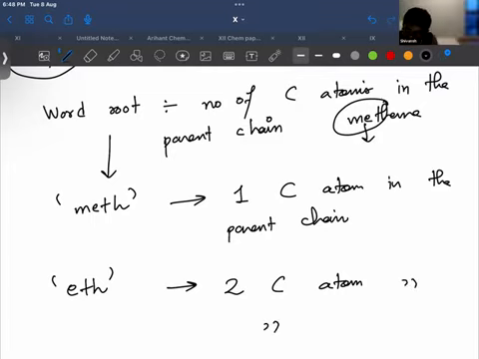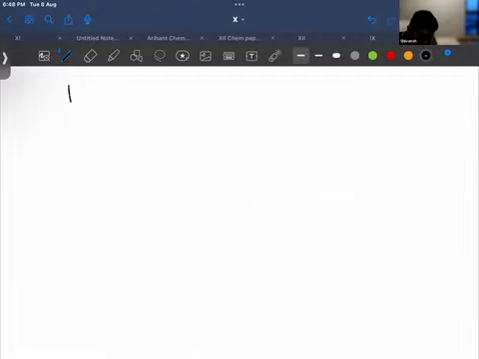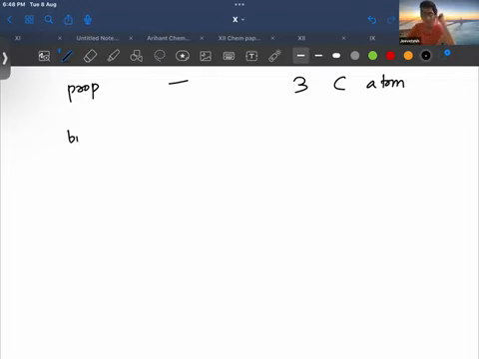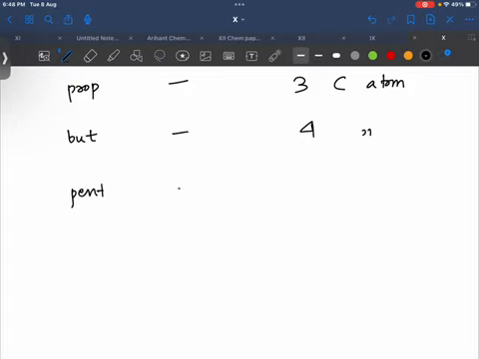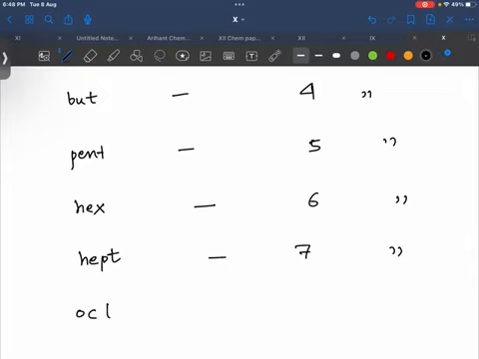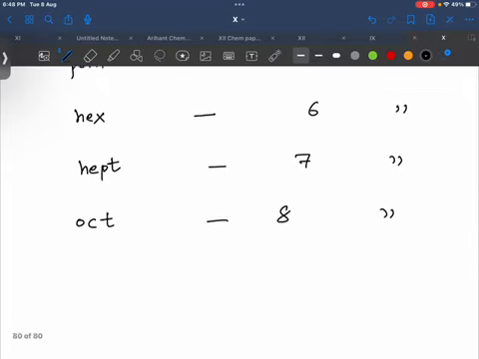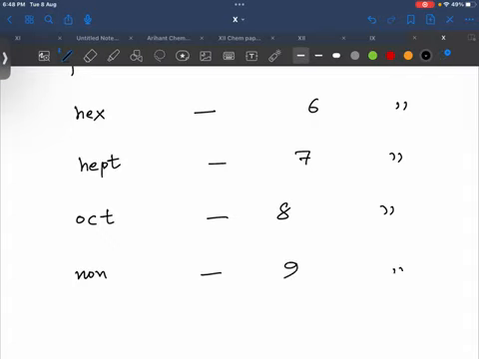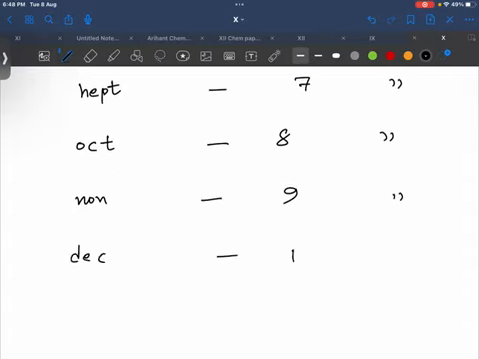Prop would be 3, prop will be 3 carbon atoms, but will be 4, pent will be 5, hex will be 6, hep will be 7, oct will be 8, non will be 9, dec will be 10, undec will be 11, dodec will be 12.